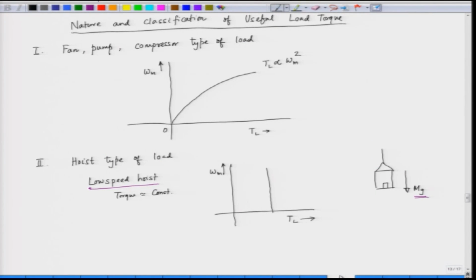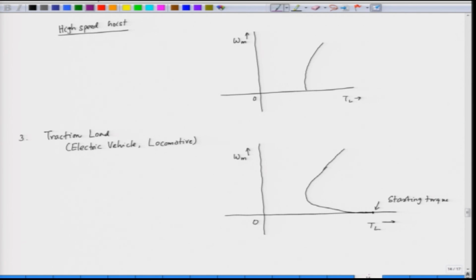So, these are the various types of useful load torque that we have seen. We started with various types of load, the frictional component, and we talked about the fan type of load in which the load torque is proportional to the speed square. We talked about the low speed hoist where torque is primarily constant, and we also saw the high speed hoist where torque increases with the increase in speed.